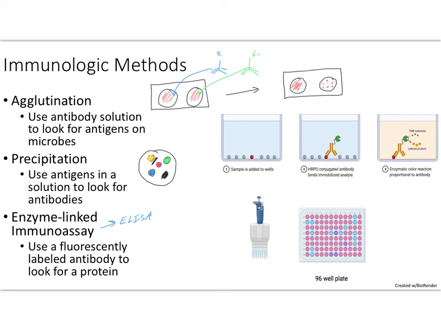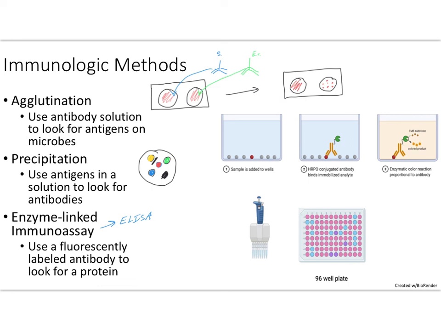We're also going to take a plate, usually a plastic plate, and we are going to coat the bottom of that plate with a series of different types of proteins or antigens most of the time.